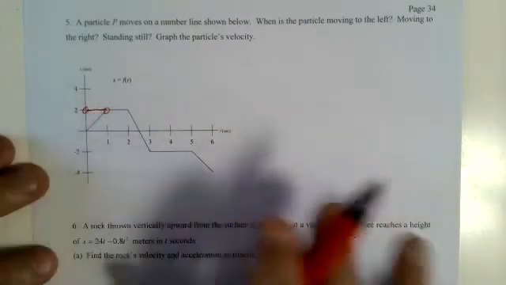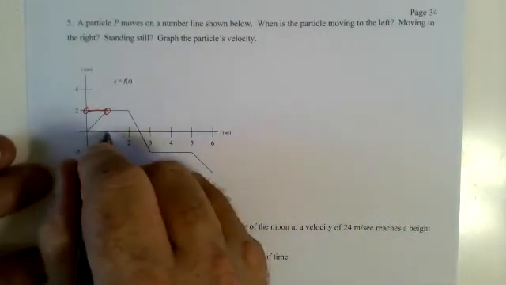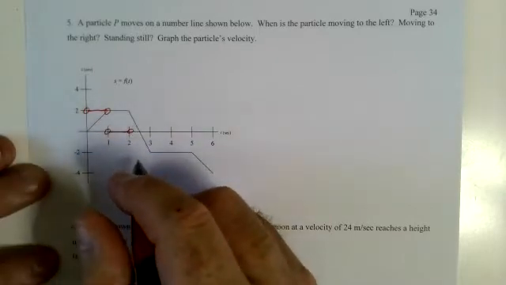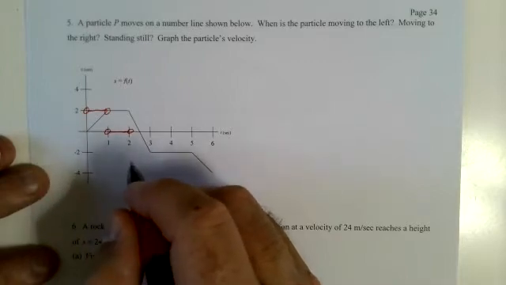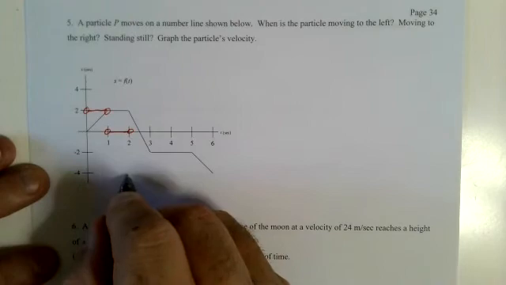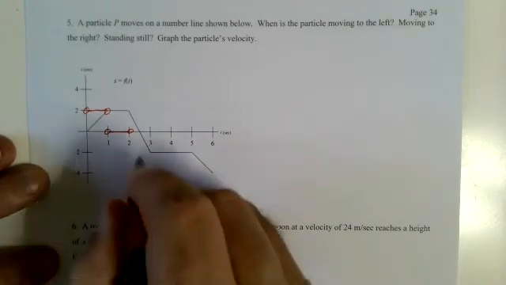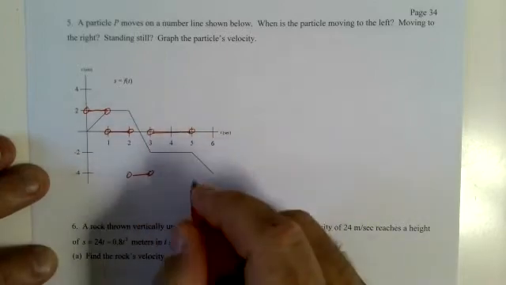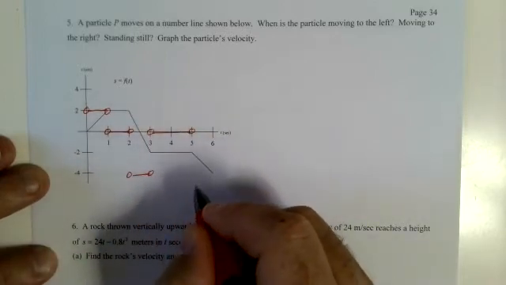Now it's not going anywhere, so it's 0. Now it's going down at 2 and 2, negative 4. Now it's going 0 again. And now it's negative 2, if I'm not mistaken.